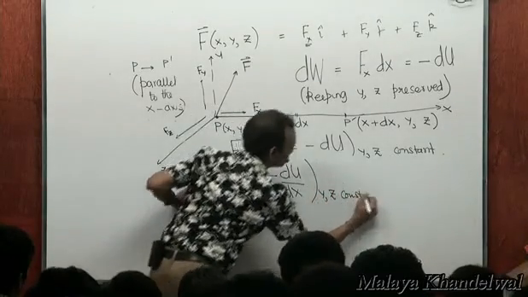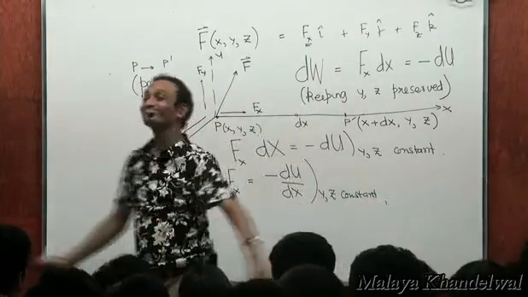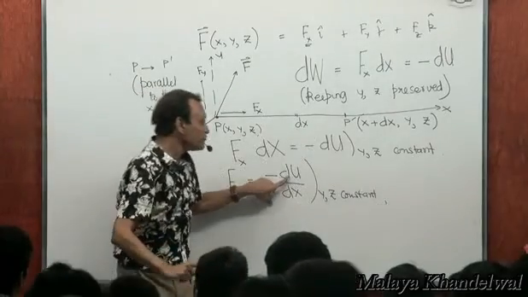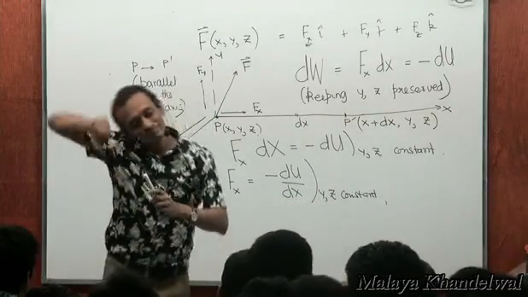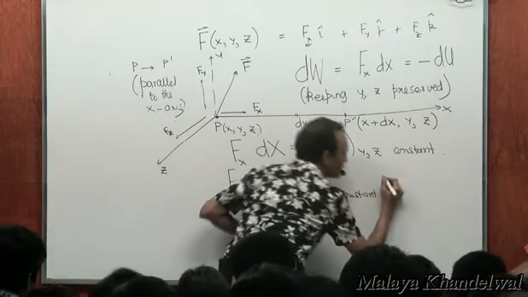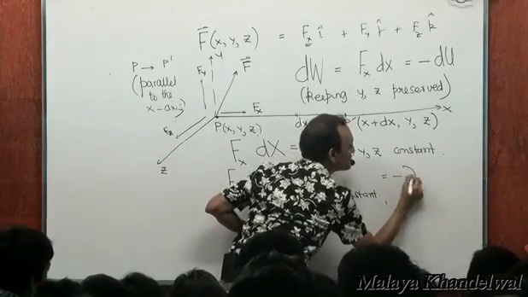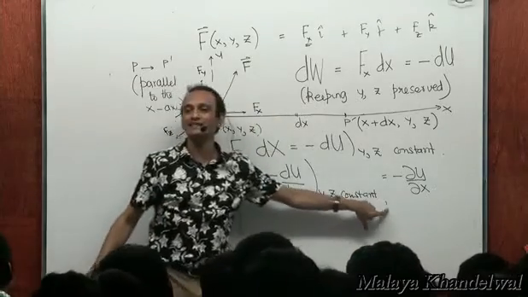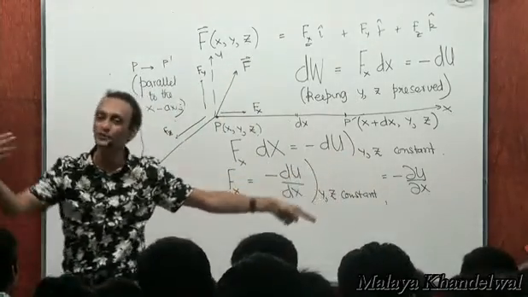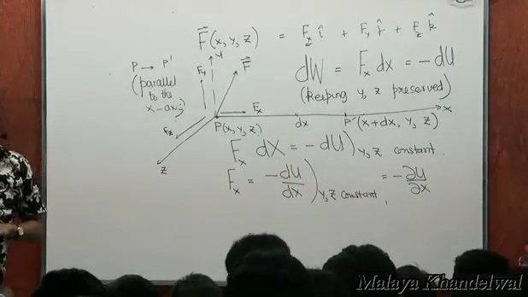Yes or no? Yes, sir. Thank you. Differentiating u with respect to x, keeping y and z constant, is where the partial derivative comes in: minus ∂u/∂x. Then you don't have to write y and z constant. The moment you put a partial derivative, it's taken care of, right?